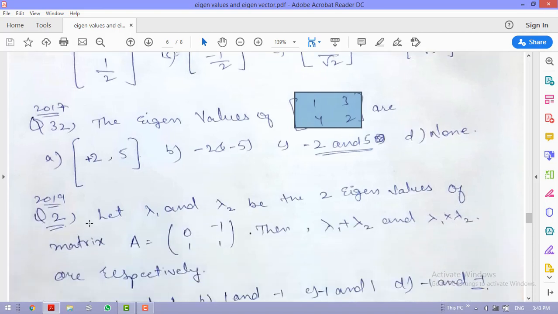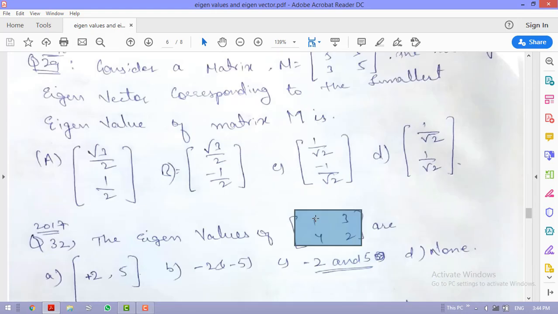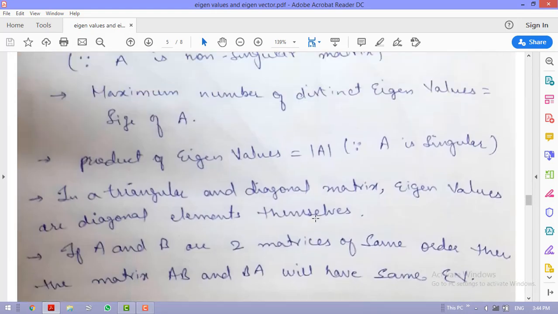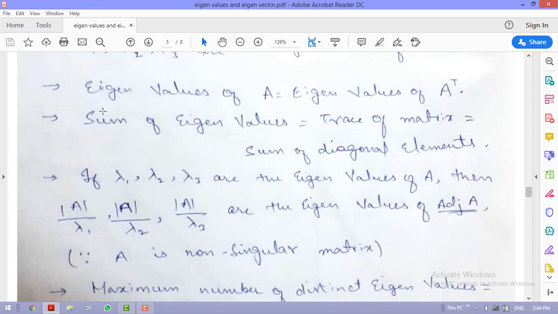And the 2019 question is: let lambda 1 and lambda 2 be two eigenvalues of matrix A equal to 0, minus 1, 1, 1. Then the sum of the two eigenvalues and the product of the two eigenvalues are respectively. Okay, although I have tried a very different thing to solve this, the simple thing you can do is use the property that the sum of eigenvalues is equal to the trace of a matrix.